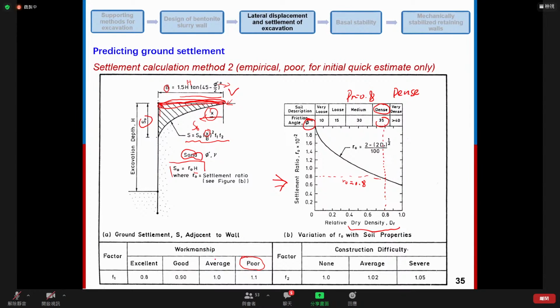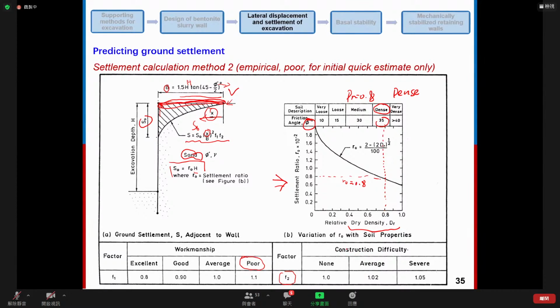If we have poor workmanship, the value of F1 is equal to 1.1, which will increase the settlement. Similarly, for the factor F2, this refers to the construction difficulties.